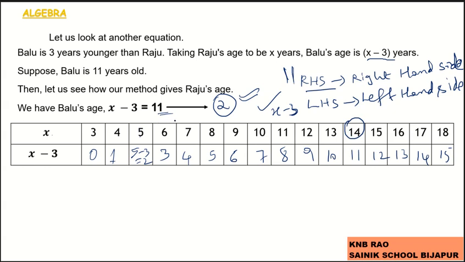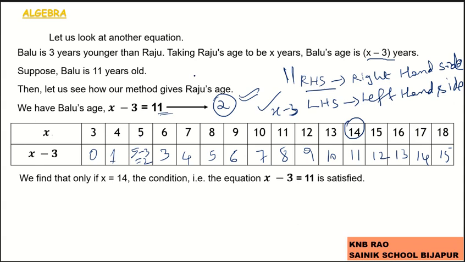That means we find that only if x equals 14 is this equation x minus 3 equals 11 satisfied, which means for any value of x other than 14, the equation is not satisfied.